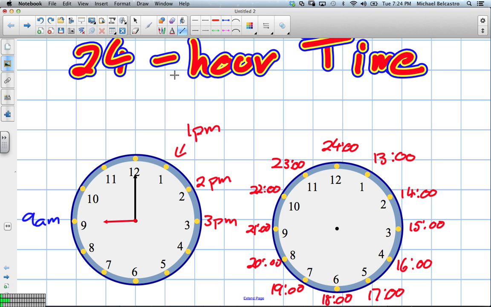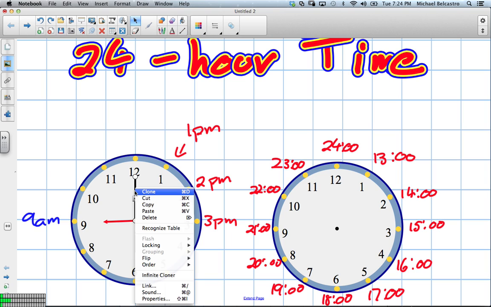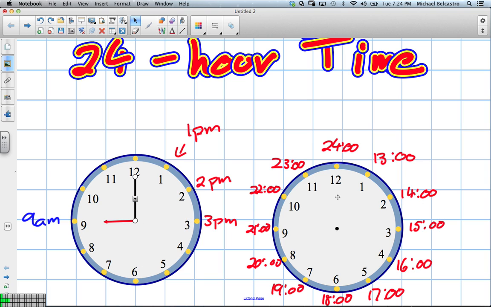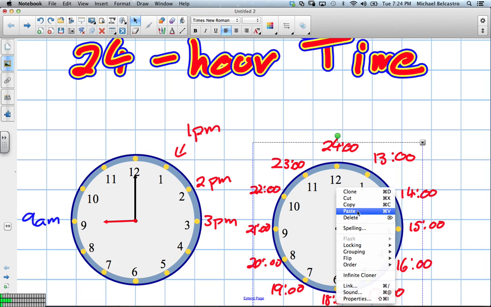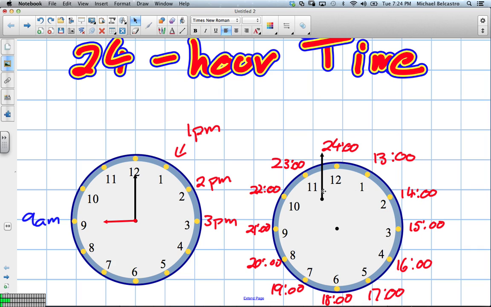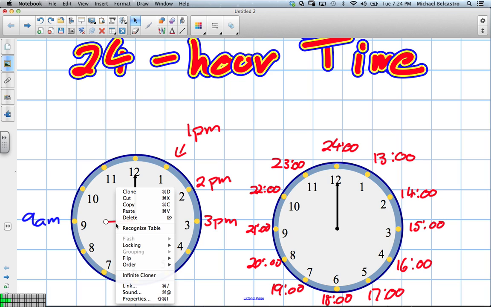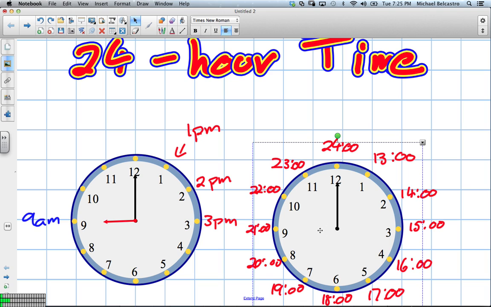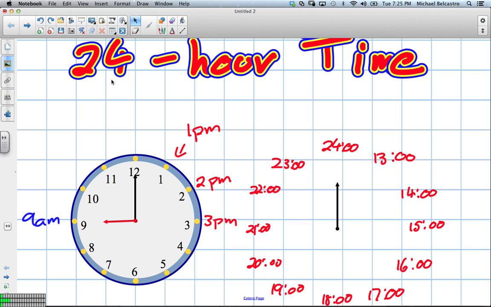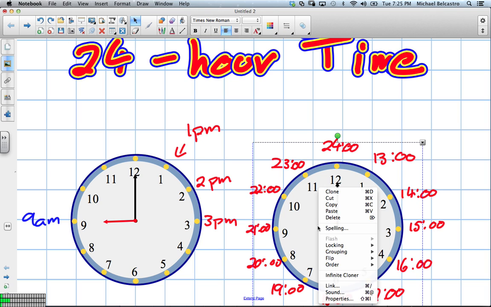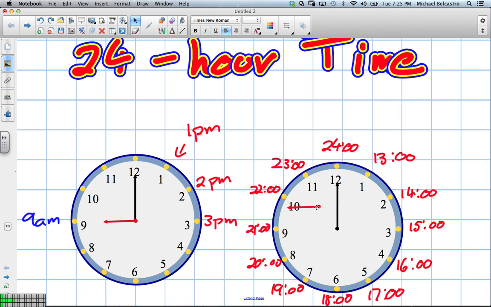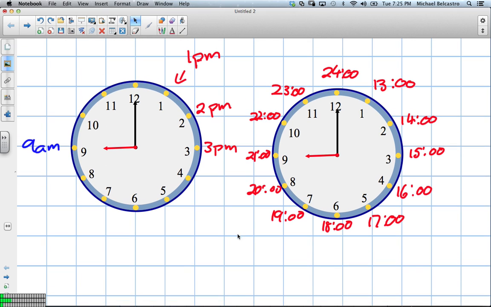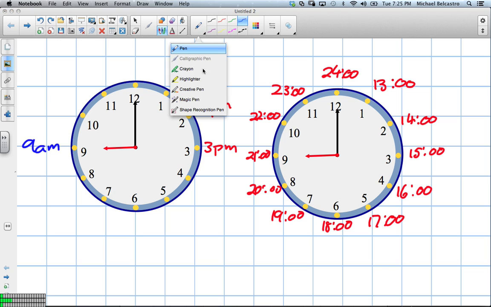We'll use our same hands here, so copy and paste this hand, move it over, and copy and paste this hand. So, at 9 AM, what is 9 AM in 24-hour time?